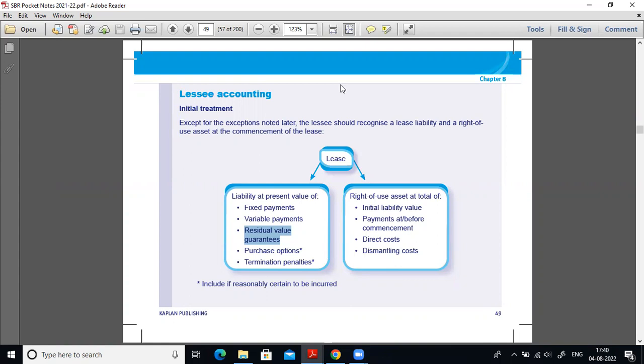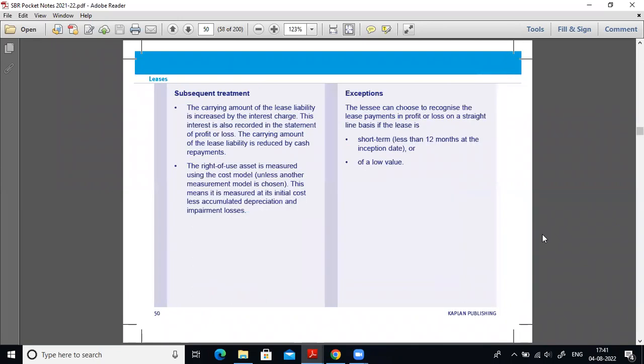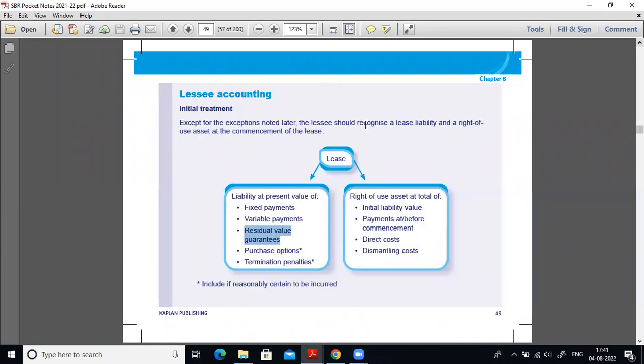So the right to use of asset will be computed by considering the present value of the lease liability, the down payments made at the time of the lease agreement, any direct cost relating to that, and the dismantling cost. All these are to be considered for computing the right to use of asset. So is that clear, participants? So this is about our initial treatment of lease in the books of lessee.